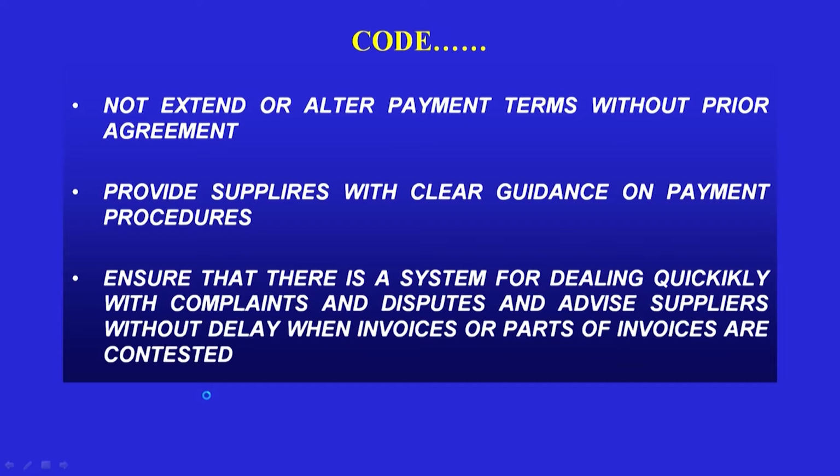Provide suppliers with clear guidance on the payment procedure: how the payment will be made, from which branch the check will be issued, which branch the check will be drawn on, and after how much time the payment will be debited from the paying company's account and credited to the receiving company's account.